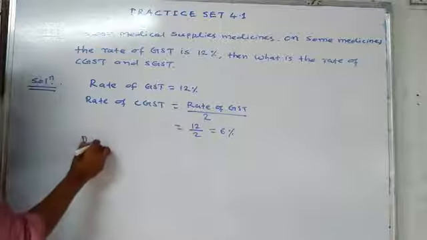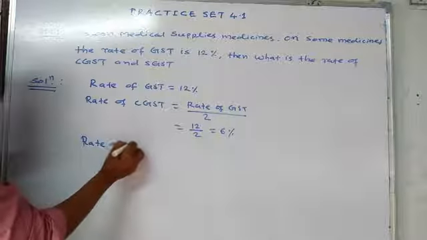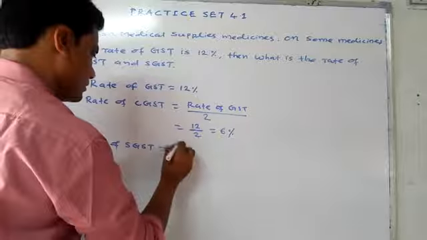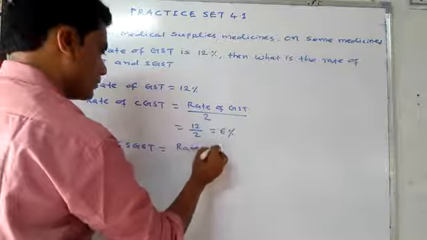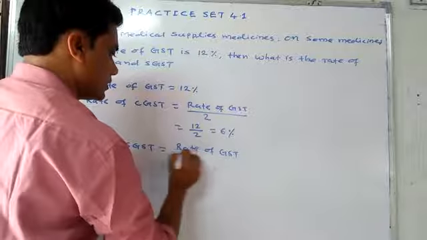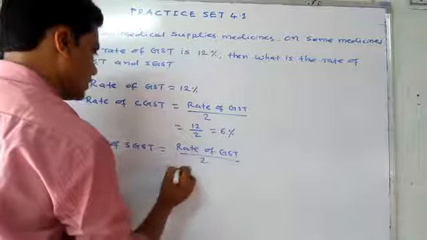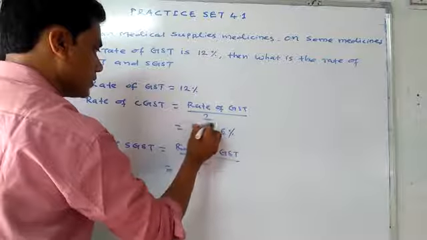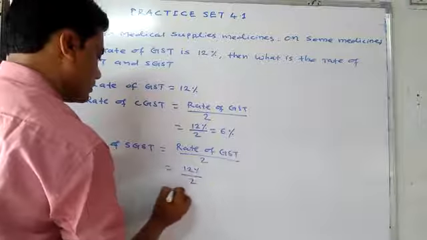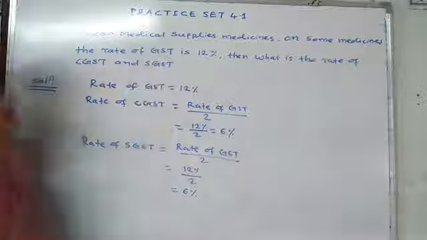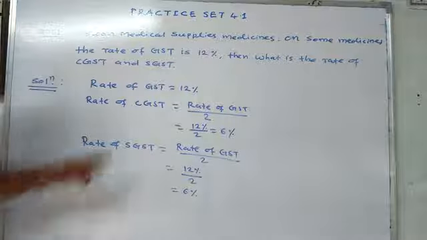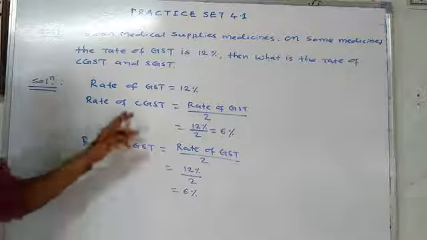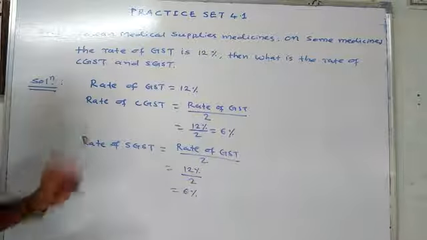Now rate of SGST means rate of GST upon 2, rate of GST is again 12%. 12% by 2, that is 6%. So rate of CGST and rate of SGST are equal, 6% and 6%.